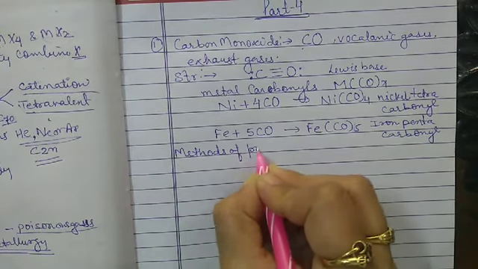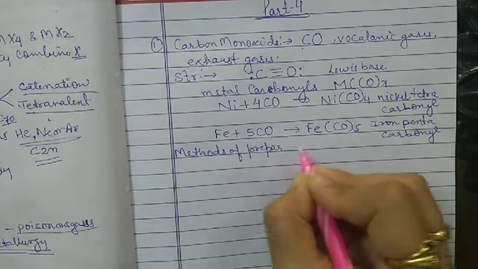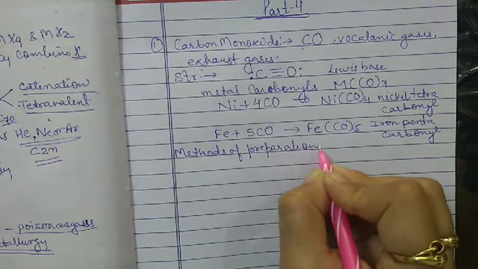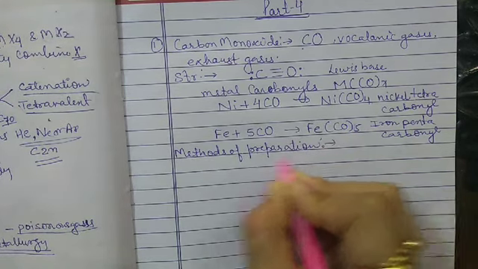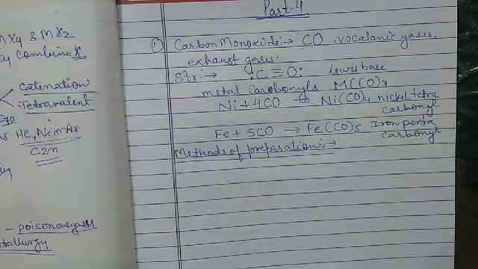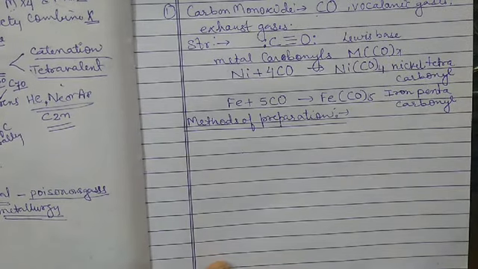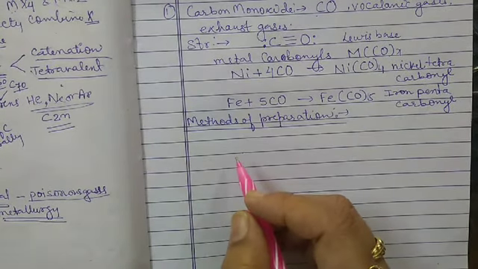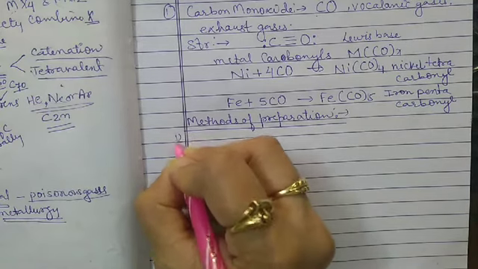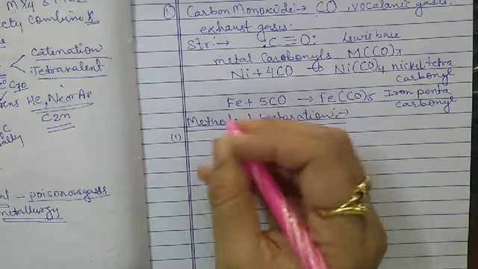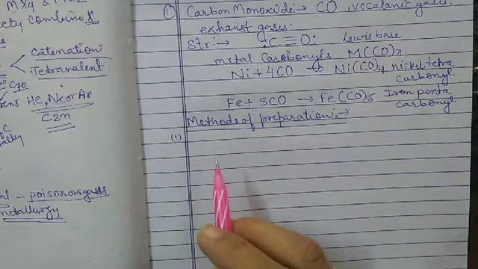Now the next one is the methods of preparation. This heading is methods of preparation of carbon monoxide. There are various methods for the preparation of carbon monoxide, so let us discuss them one by one. The first method is termed a general method.